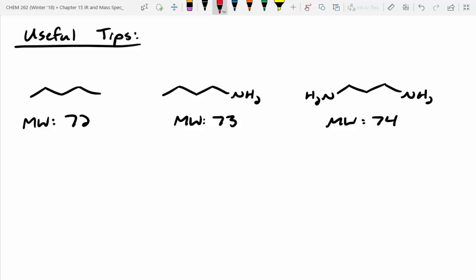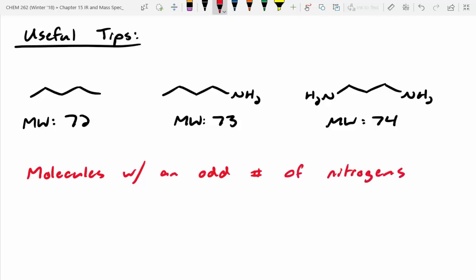The trick I'll show you guys is that molecules with an odd number of nitrogens have an odd molecular weight.